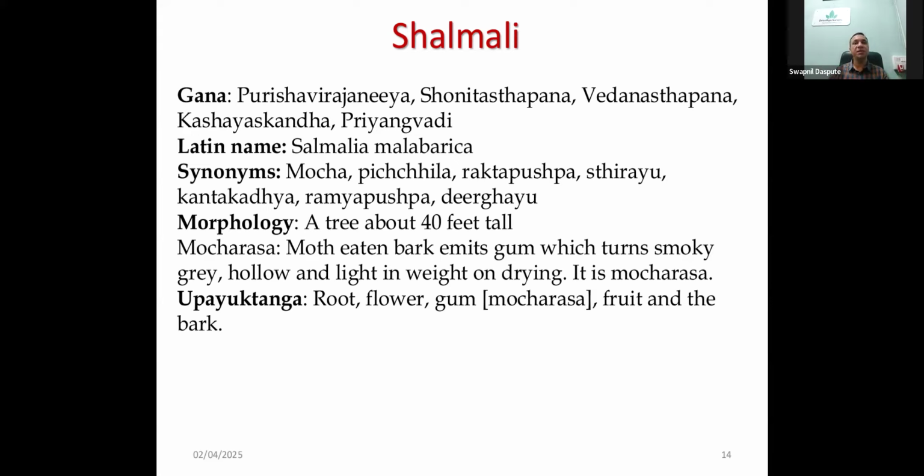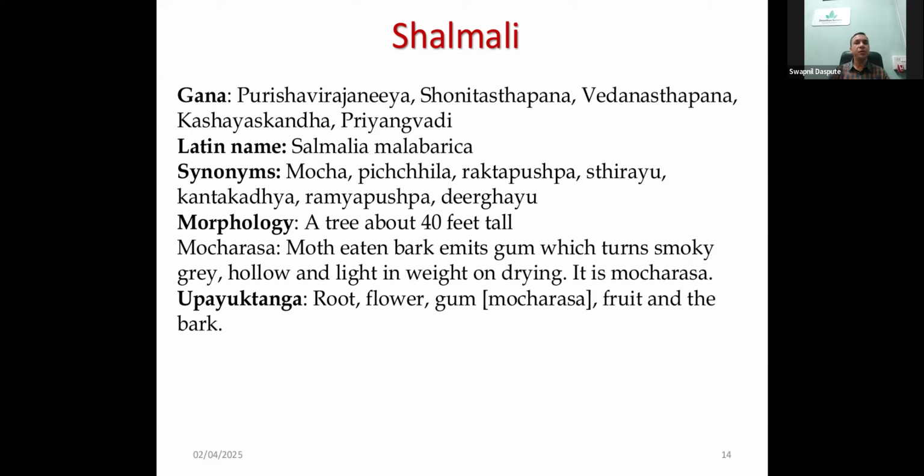So Vedana Sthapana basically is not a painkiller, it will do Vatanuloman and alleviate Vata also. That is the difference between Vedana Sthapana and painkiller. Kashaya Skandha is the group which has the Kashaya astringent action or properties. So a group of herbs which have Kashaya rasa.